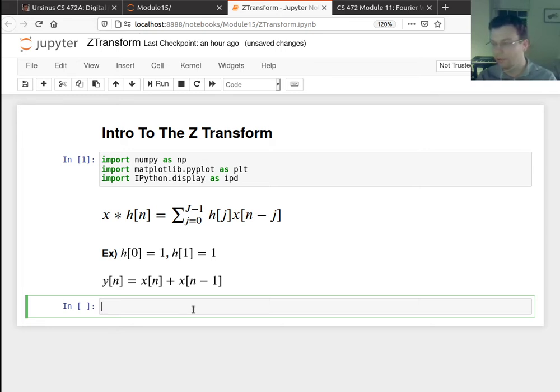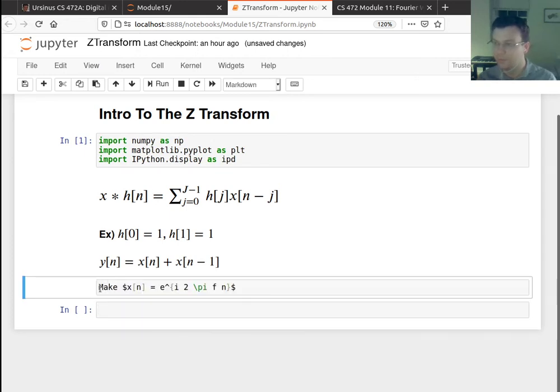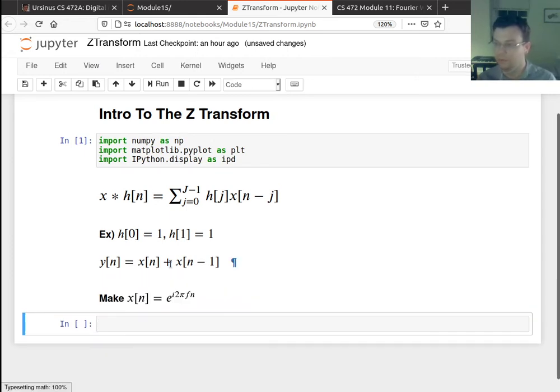What I'm going to do is make x of n an arbitrary phasor. I'll say make x of n be e to the i 2 pi f n. You have to make this in terms of the discrete time index.